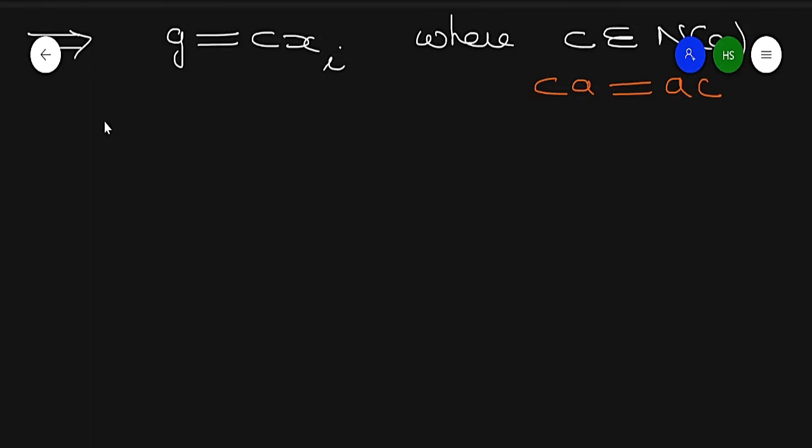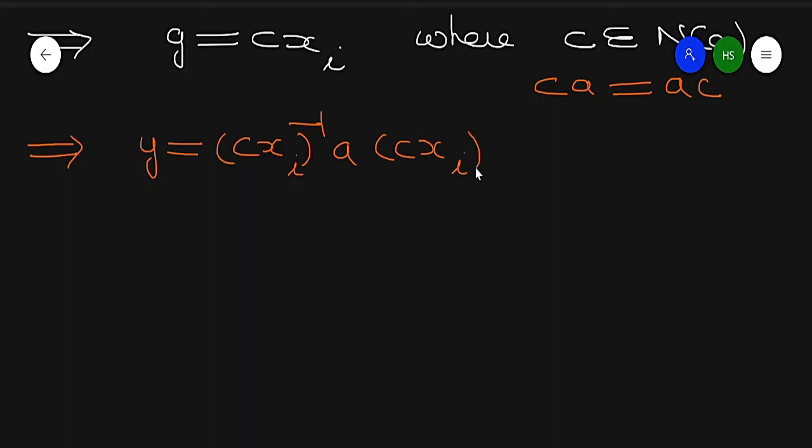So what we get is Y, which is equal to g inverse A g, which is (c x_i) inverse A (c x_i). By the reversal law, this is x_i inverse c inverse A c x_i. Now at this place, AC is equal to CA.